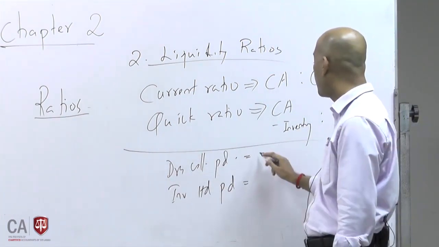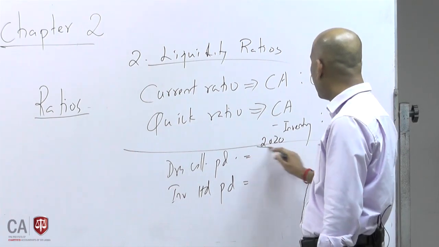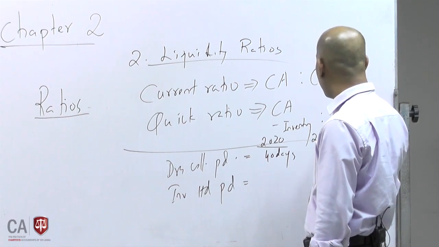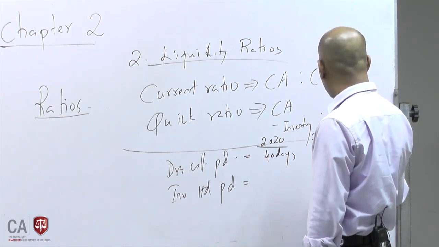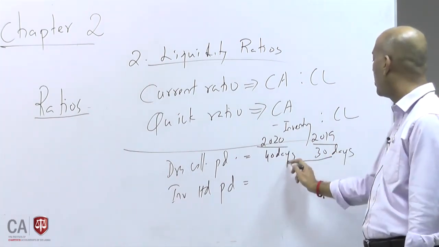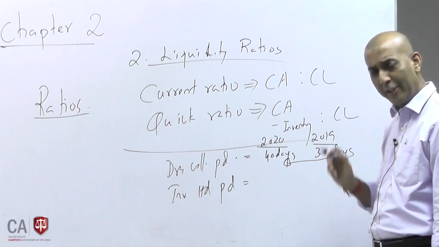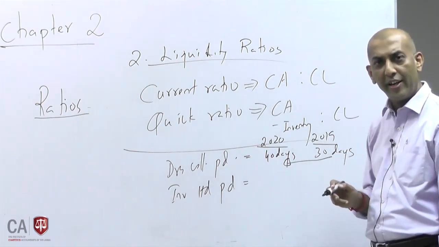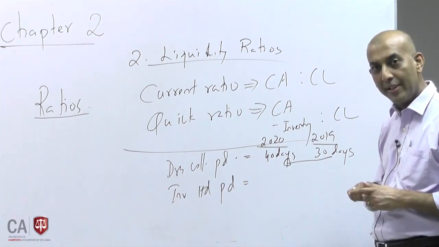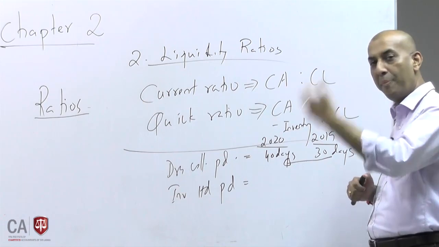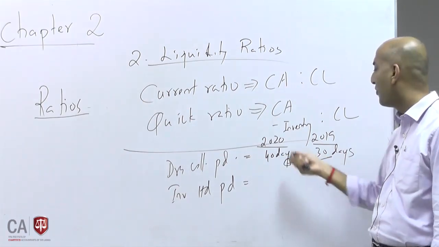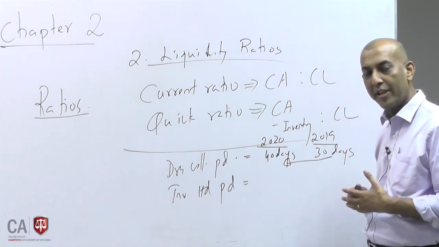If your debtors collection period for 2020 is 40 days, whereas in 2019 it was 30 days, you realize that it has increased from 30 to 40 days, which means your liquidity is not good. Why? You have not collected money from debtors, so you will have difficulty in meeting your payments because you have more outstanding debtors than last year. So 30 days has become 40 days, meaning you have not collected money on time, so there is a delay.